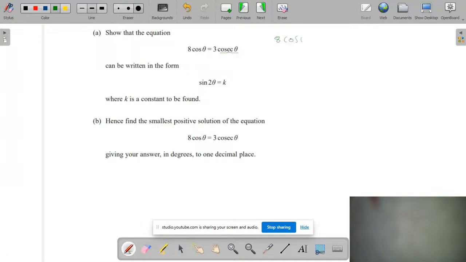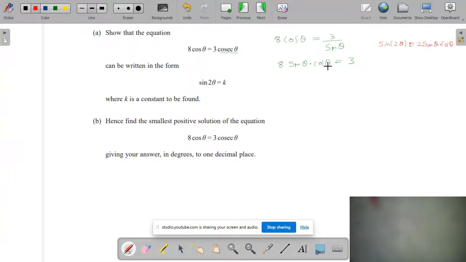8 cosine theta equals 3 over sin theta. Then I can apply cross multiplication quite easily: 8 sin theta cos theta is equal to 3. And we have another result: sin 2 theta means 2 sin theta cosine theta.